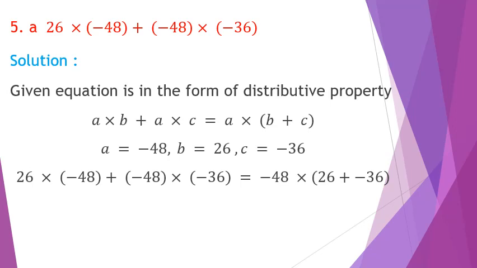So 26 plus minus 36 gives minus 10. So minus 48 multiplied by minus 10. Product of two negative integers is a positive integer. So 48 into 10 gives 480. That is minus 48 into minus 10 equal to 480.